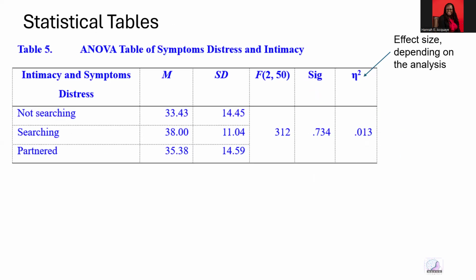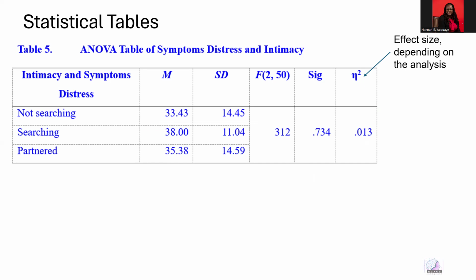So you have citations like Cohen 1988, Cohen 1990, Sullivan and Feinn 2012. So effect size really describes the practical significance of a research outcome and is really necessary for the kind of work we do as scholar practitioners.